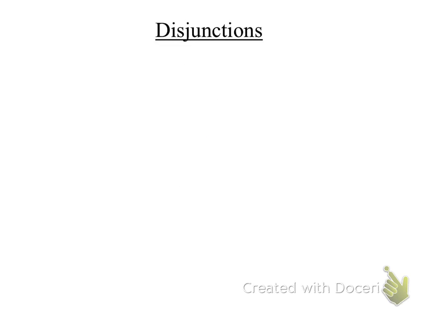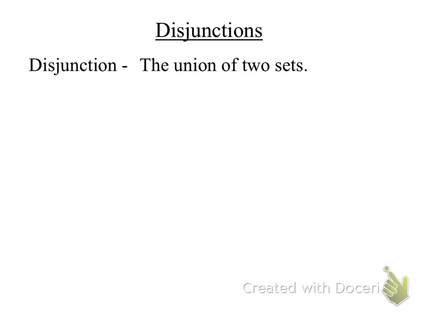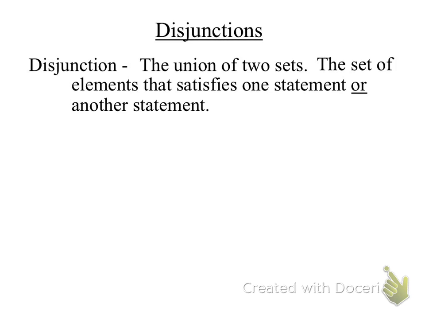Okay. We've talked about conjunctions. Those were and statements. Now we have disjunctions. Like disconnected, disjunctions are or statements. These are unions. Conjunctions are intersections. They're and statements. They're one line. Disjunction is a union.